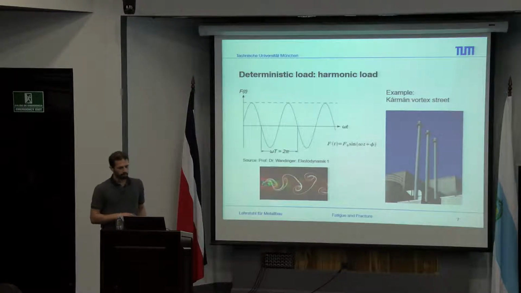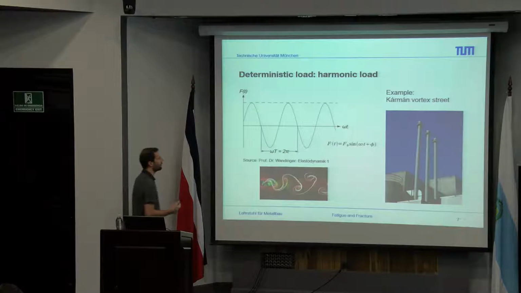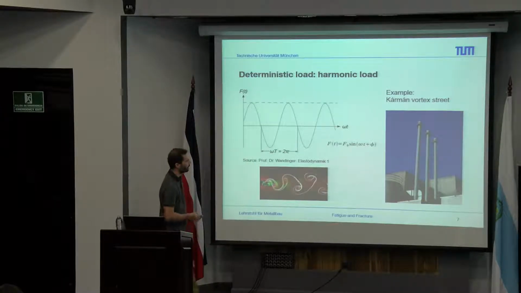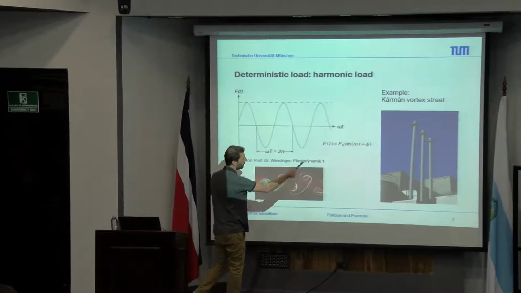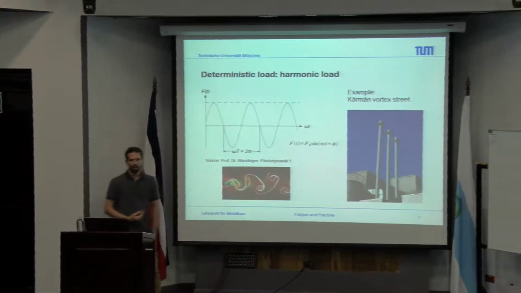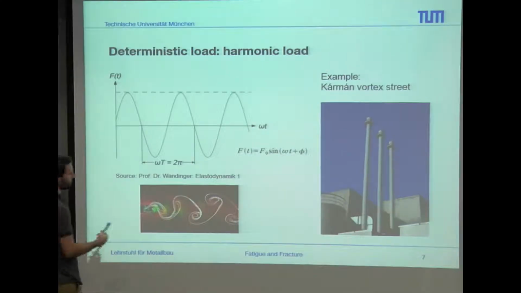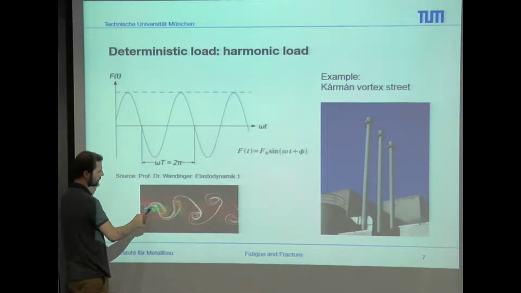So then, how does it look like? So for example, this deterministic harmonic load, of course, here you have a sinus, and at the same time, for example, if you look to a chimney, you have here the Karman vortex.